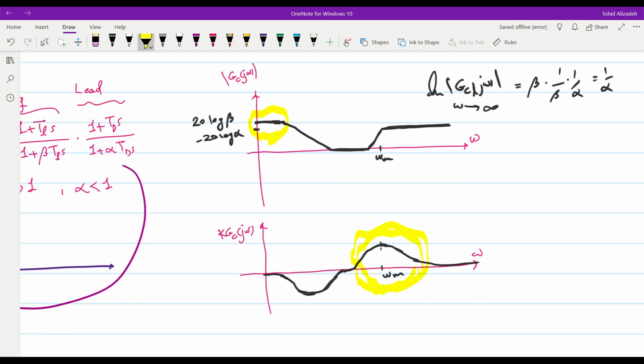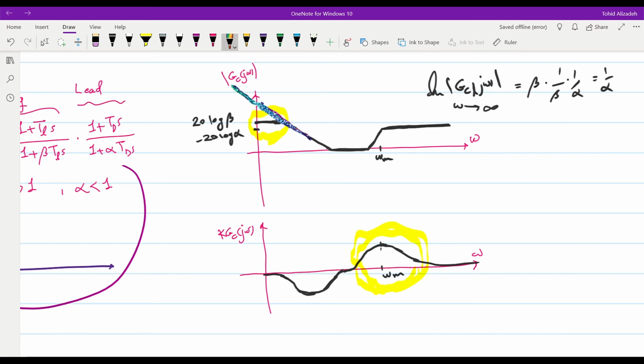So this is basically how the frequency response of the lead lag compensator would look like. In terms of the PID controller, for the practical PID controller, there will be a difference in terms of the initial starting. So for the practical PID controller, we'll have minus 20 dB per decade since the beginning.